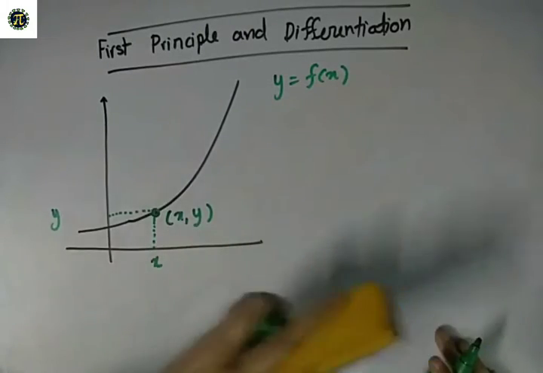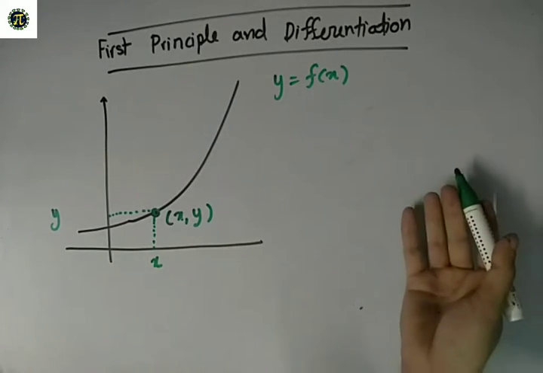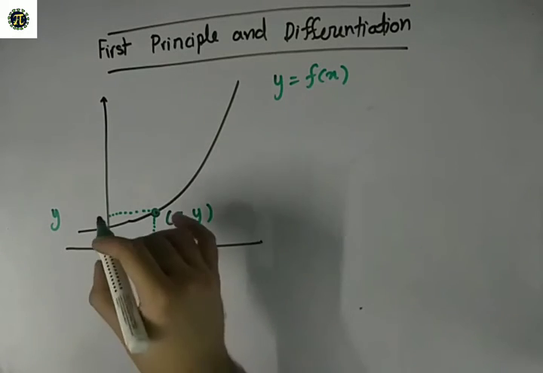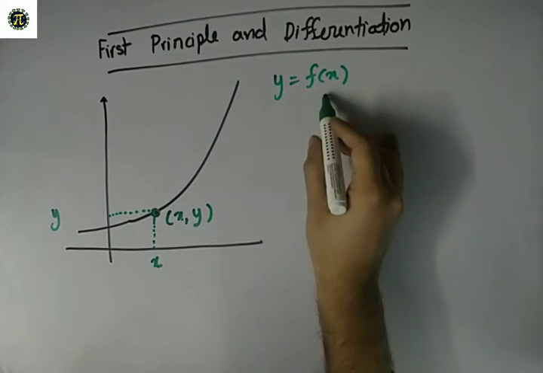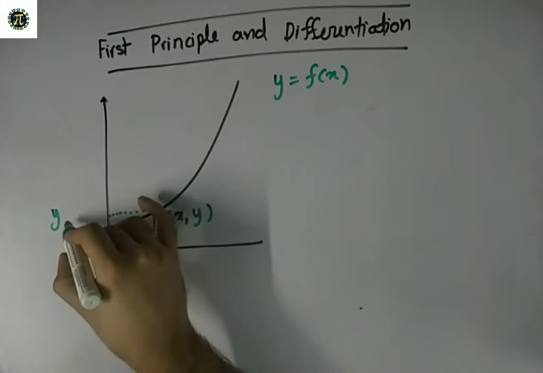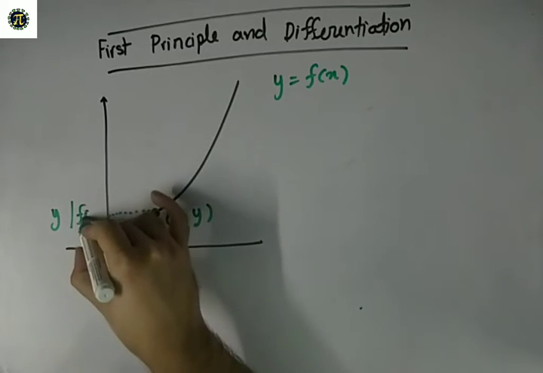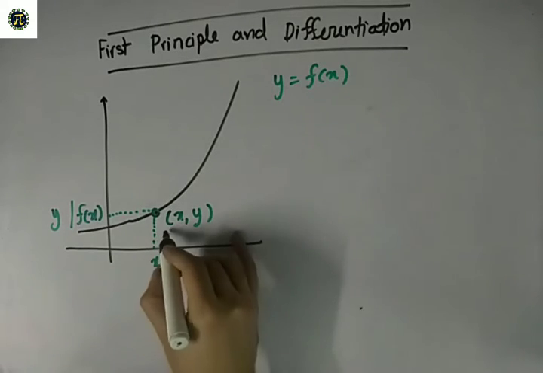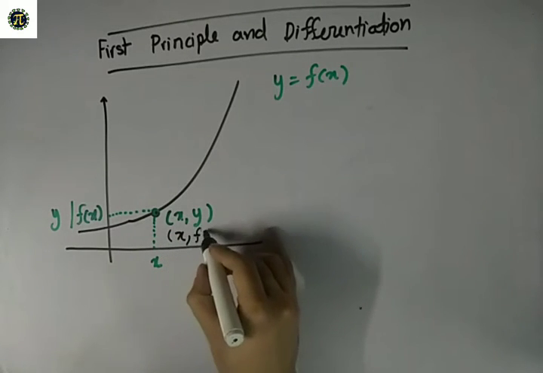We put a value of x, we get a unique value of y. So y is also equal to f(x), so this height is also equal to f(x). This point can also be written as (x, f(x)).